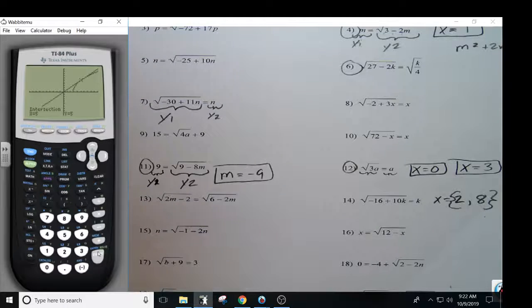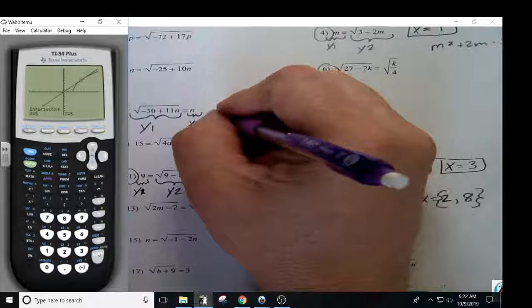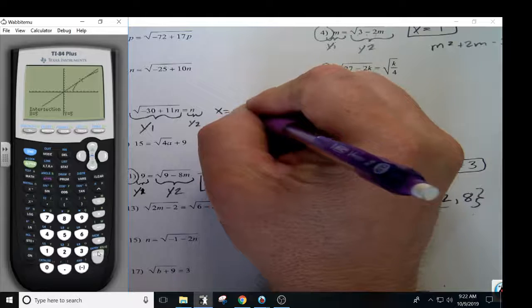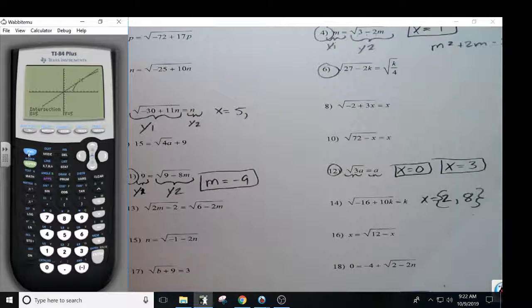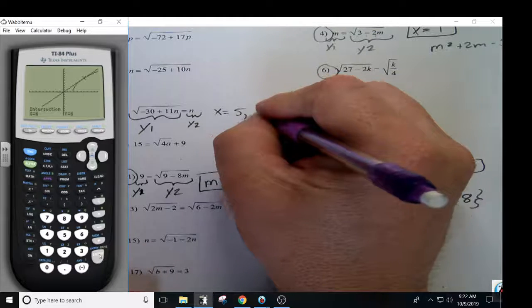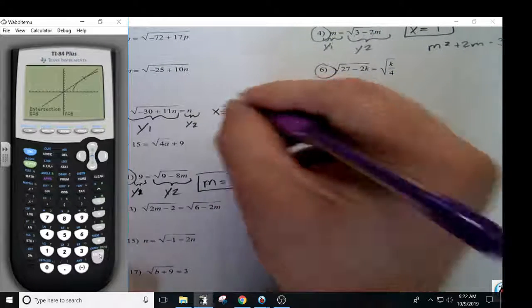All right, so one of your answers is 5. The other answer, I'm going to go above the intersection there, up here to the top right corner. Press enter 3 times. 6. That's your 2 answers.